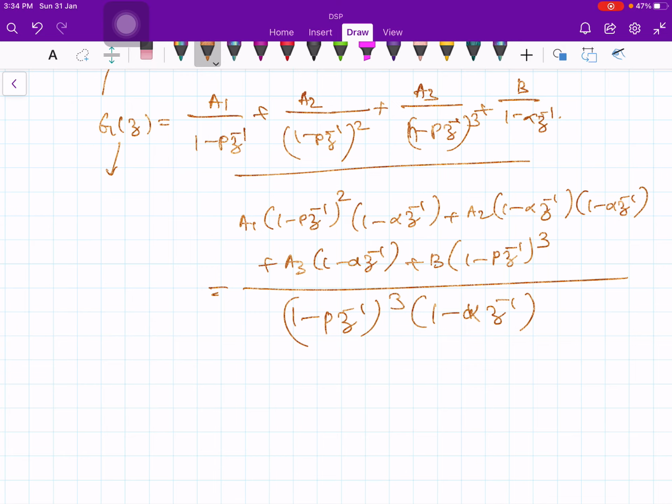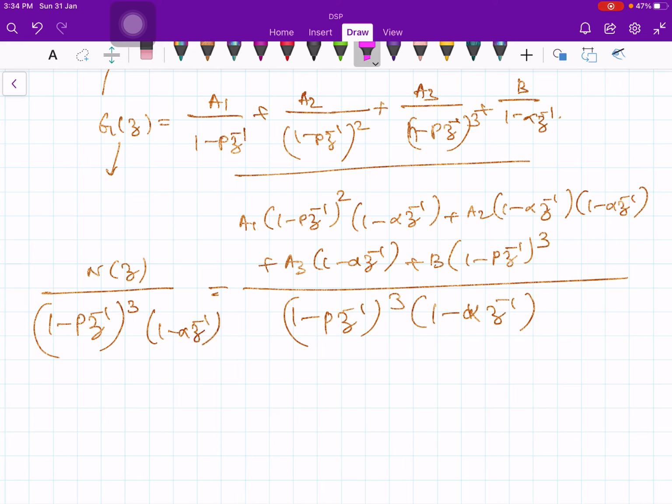So in the left hand side you have numerator polynomial n of z and the denominator polynomial, 1 minus p z inverse whole cube, then 1 minus alpha z inverse.